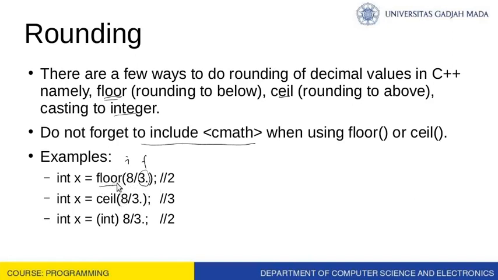Because I do floor, it will be 2 as an integer. The same as when you do ceiling. If you have 8 divided by 3, you have 2 point something, then it will be rounded above, becoming 3 as an integer. This is also the same as floor.